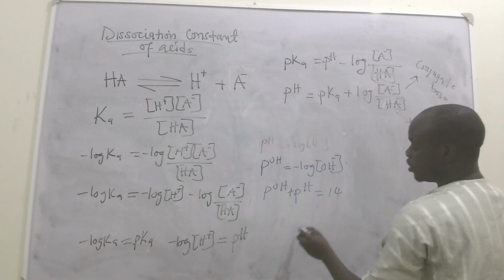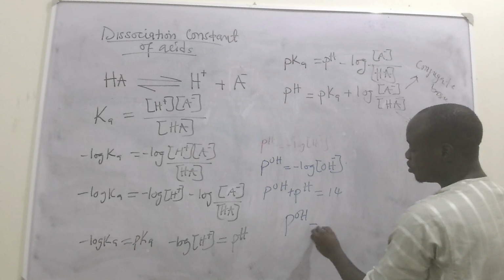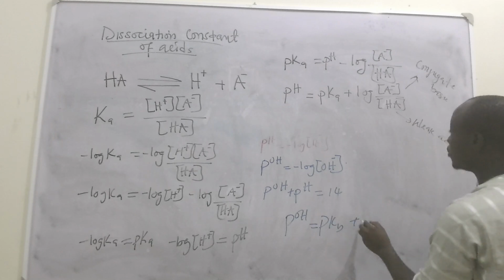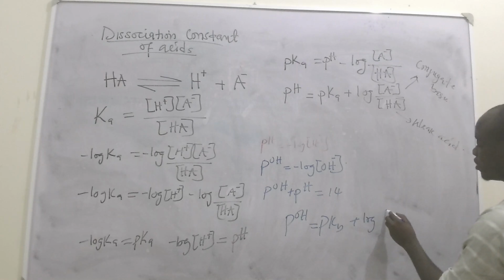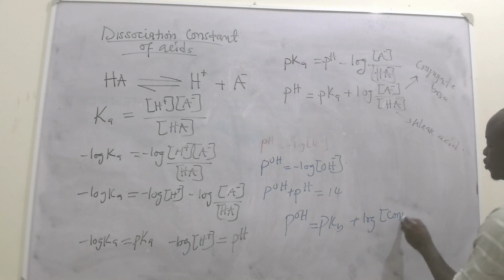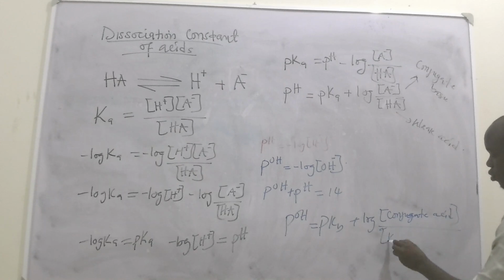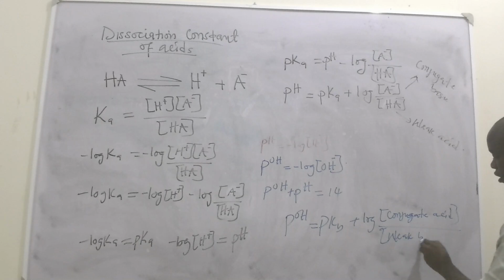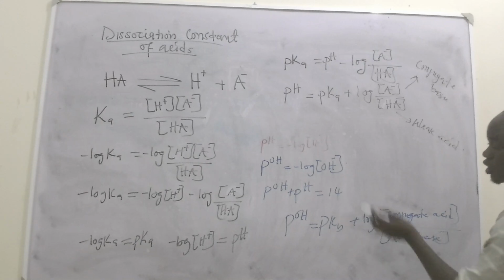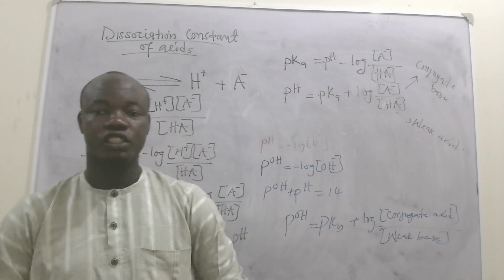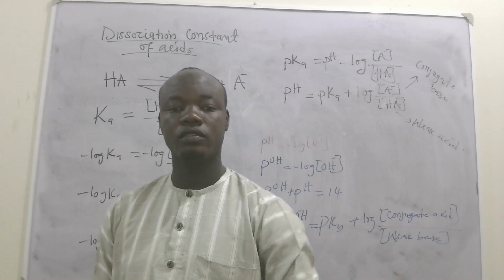So we can calculate pOH as pKb plus log of conjugate acid, not conjugate base, divided by the weak base. This equation is also called the Henderson-Hasselbalch equation.